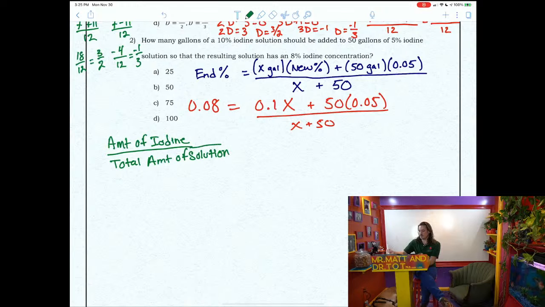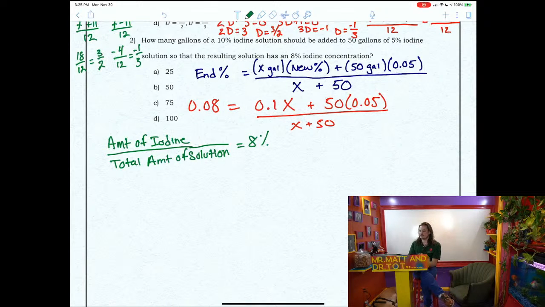is equal to 8%. 8% written as a decimal is going to be 0.08. So 0.08, our intended solution concentration, is equal to some X number of gallons of a 10% solution.